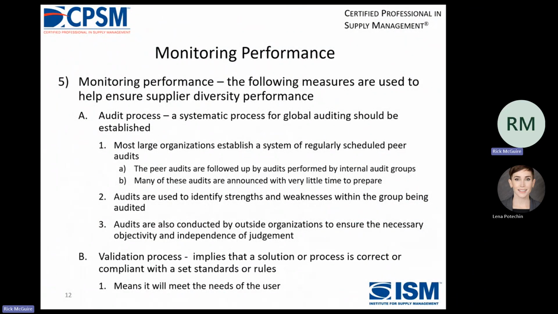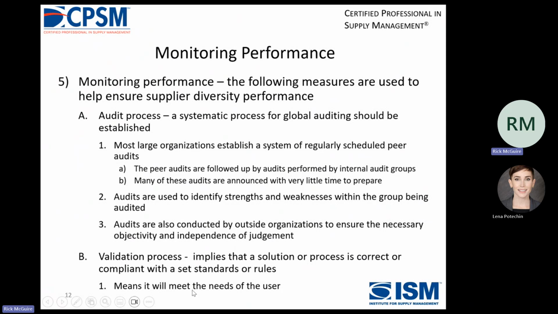So monitoring performance, you got audits. You can have peer audits. You also have audits by internal audit groups and outside groups. Used to identify strengths and weaknesses, and can be conducted by outside groups such as the quality groups. And the validation process applies that a solution or process is correct or compliant with a set of rules.